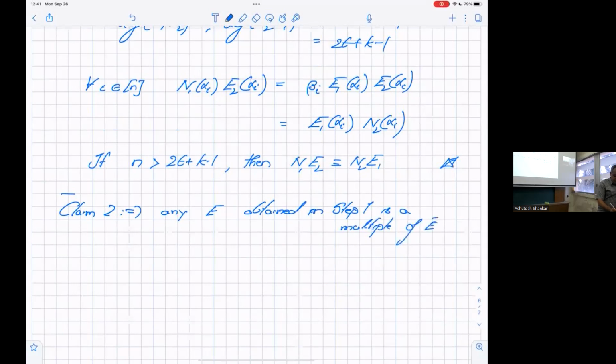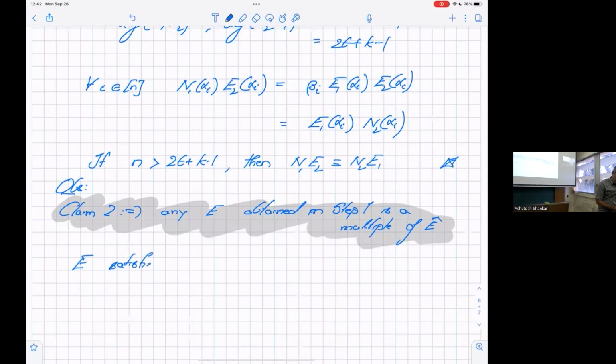And what you guys say is exactly correct. Why is this true? This is true for the following reason. We know that E satisfies n of alpha i equals beta i times E of alpha i.